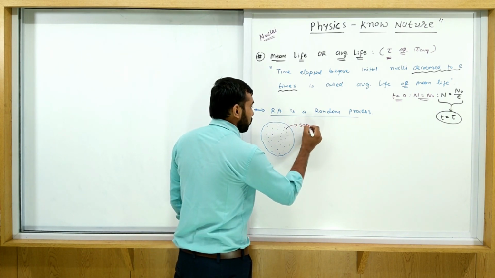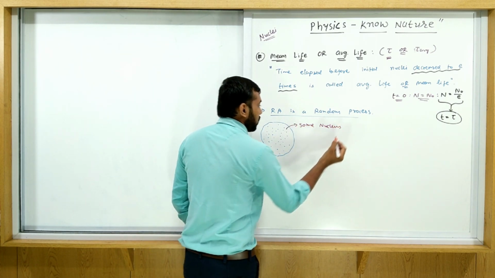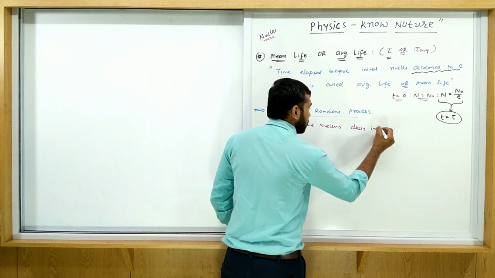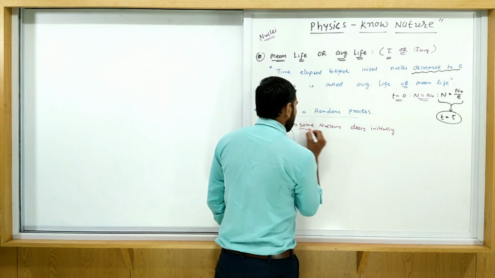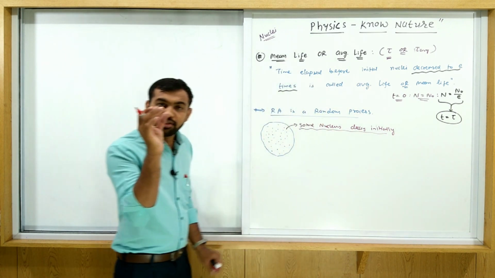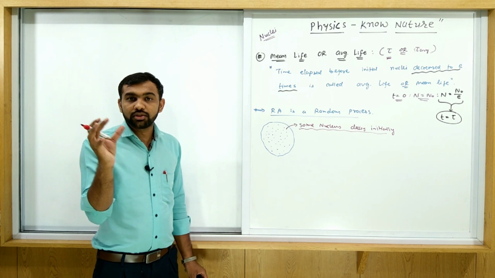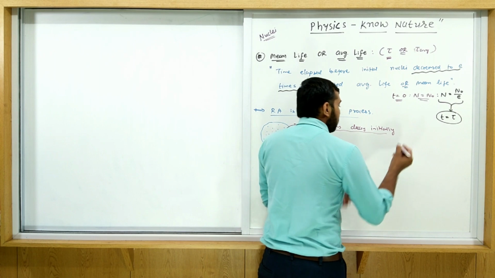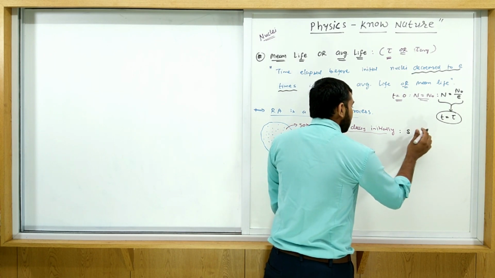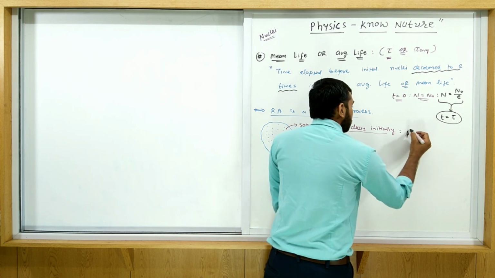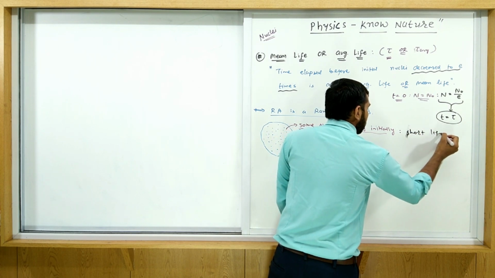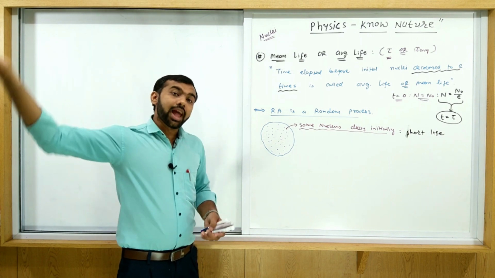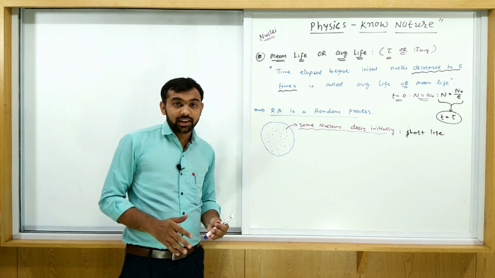So some nuclei decay initially. If a nucleus decays initially, then we can say its life is short. And some nuclei decay at the last, because all are not decayed at a time; they decay one by one.